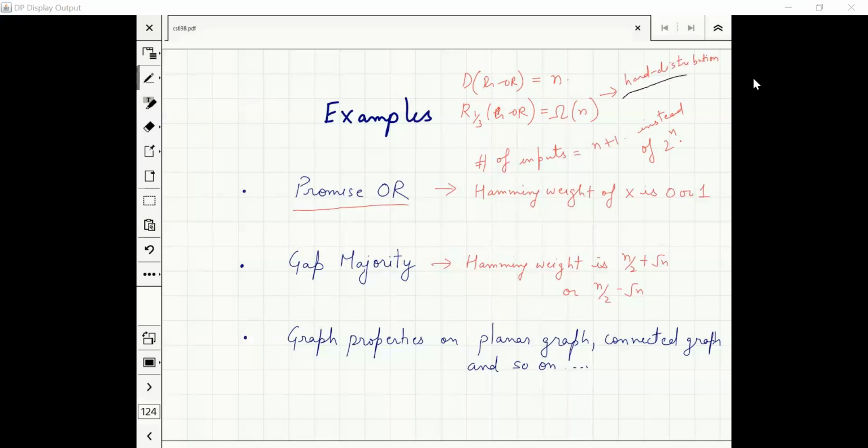We gave probability close to 1 by 3 on the all 0 input, and all the 1 inputs we shared with uniform probability. So we only had our hard distribution from Hamming weight of X being 0 or 1. So we can take the same hard distribution, and it will show that the randomized query complexity of promise OR is also omega n.